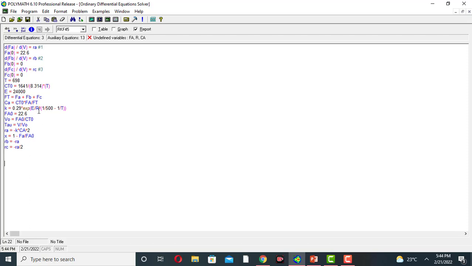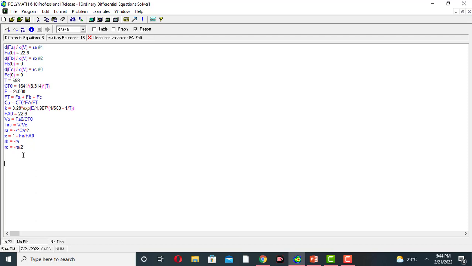The R value is 1.987. FA and CA are undefined: this is the small FA naught, and this also small CA naught.